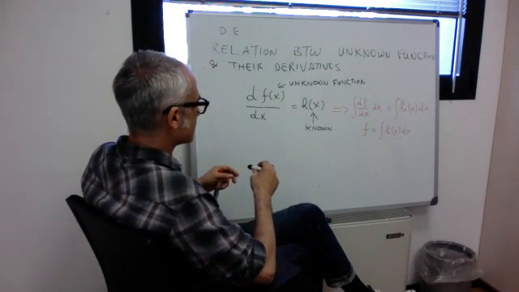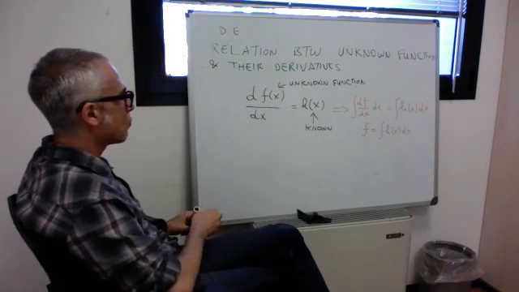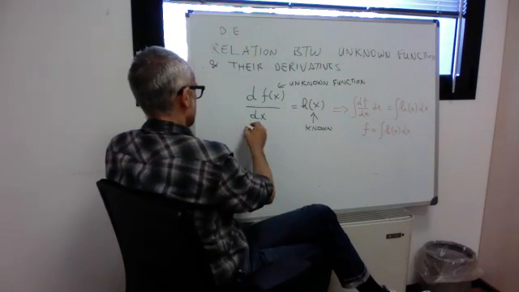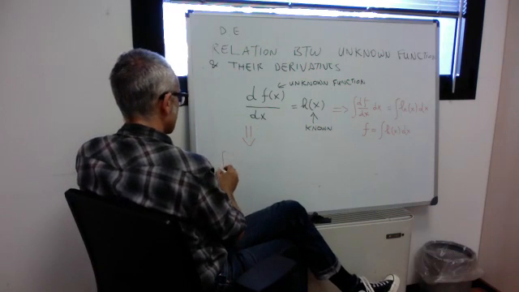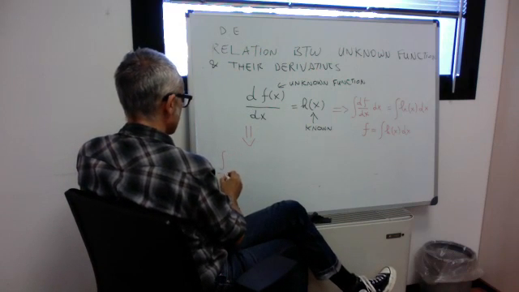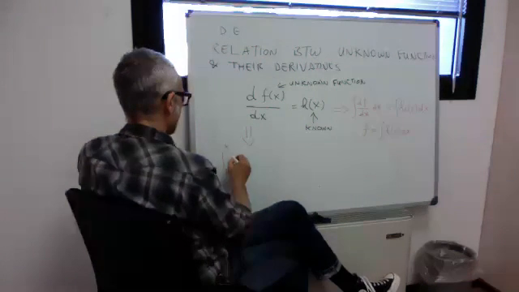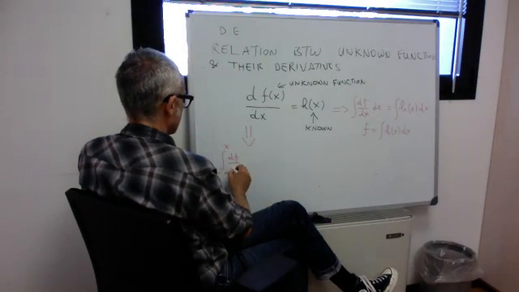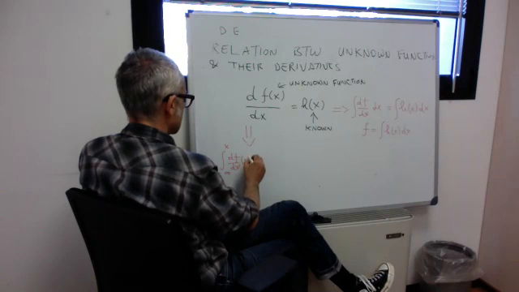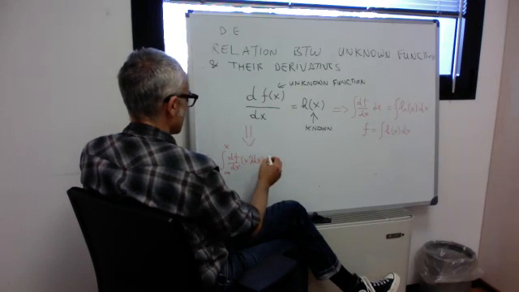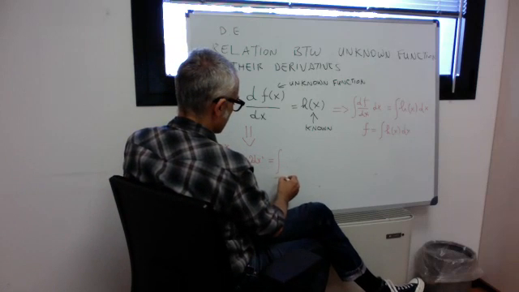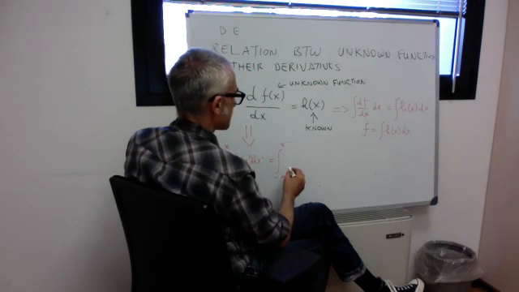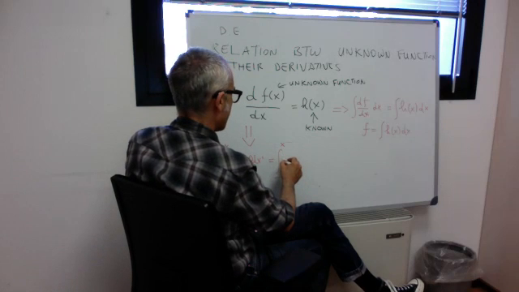So to be more precise, what I need to do is to state that the integral from minus infinity to x of f of x prime, dx prime, coincides with the integral also from minus infinity to x of h.